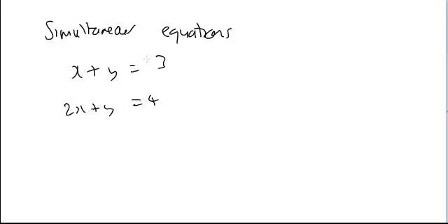So if we have these two equations and they're linear, so it's not x squared or y squared, it's just x's and y's, then we can use the fact that both of these equations are true all the time to figure out what x and y are.